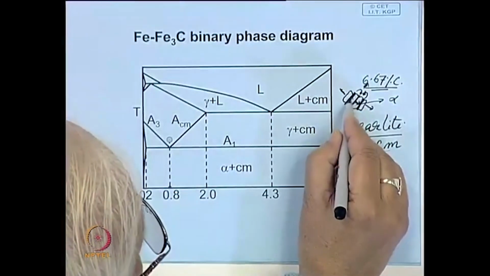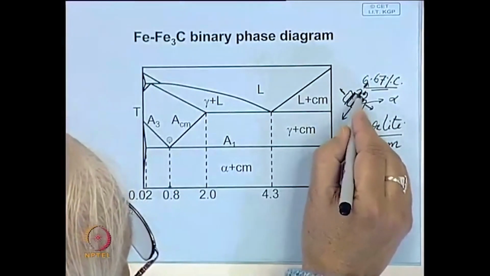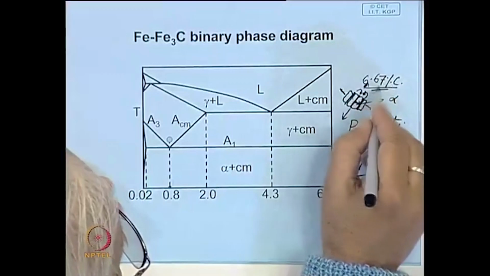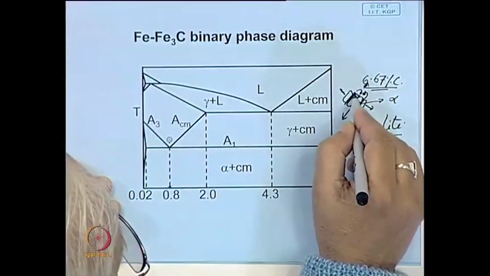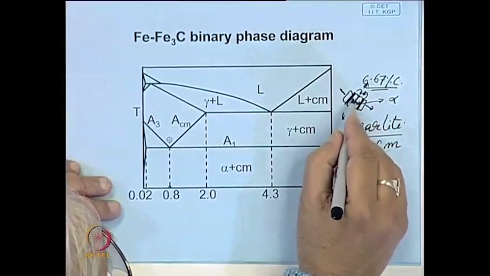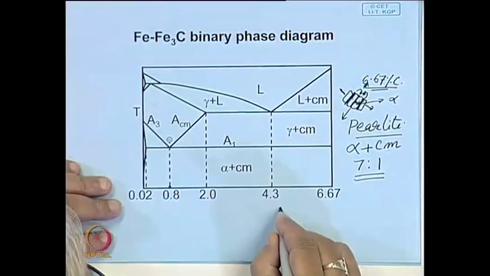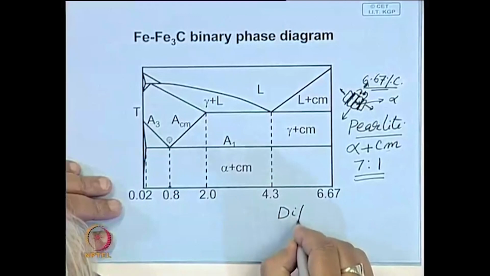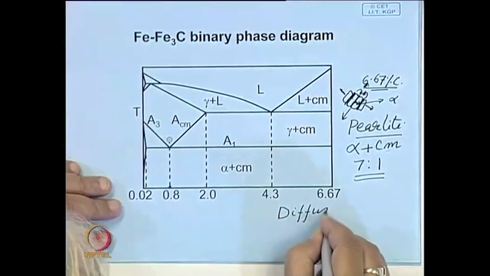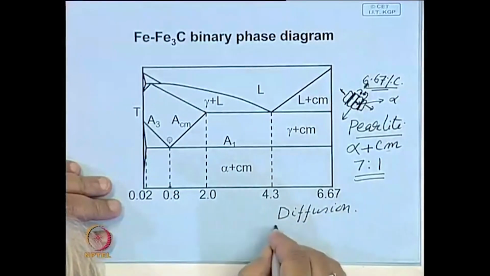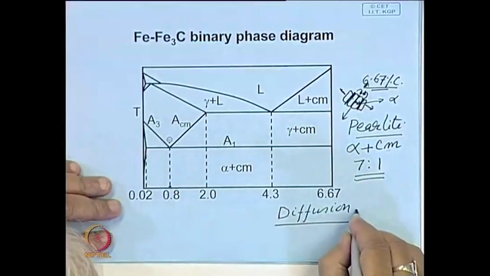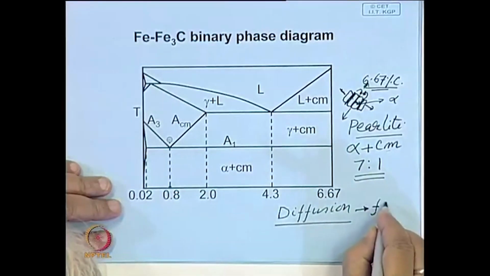When the cementite precipitates out, it takes carbon from the side. So, carbon has to move. That means you have to allow time for movement of carbon atoms and diffusion, and we have also seen that diffusion is a strong function of temperature.